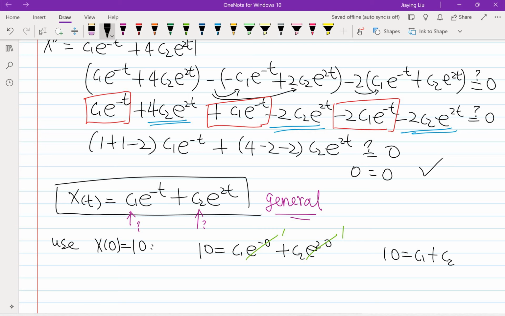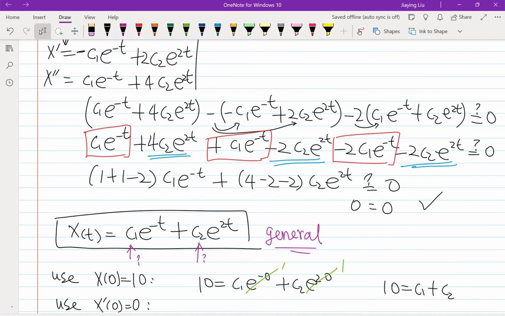Then we have the other initial condition, which is x prime of 0 equals 0, the second condition given. Now this one tells us that when t equals 0, the derivative of x is 0. We have to use the derivative of x, which is this one.